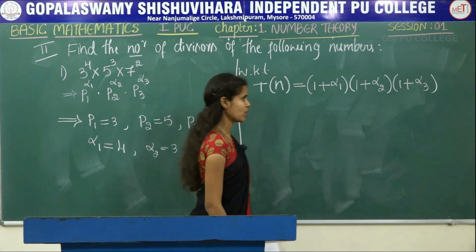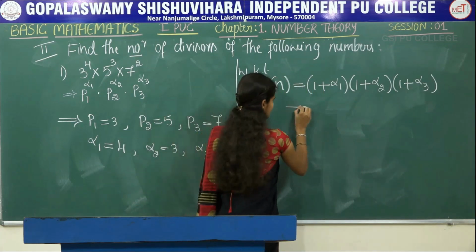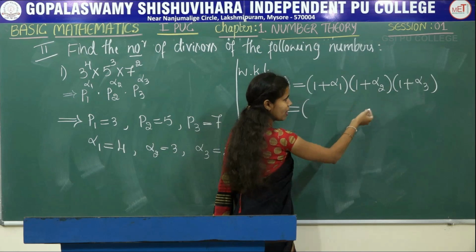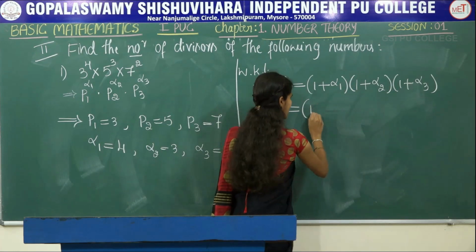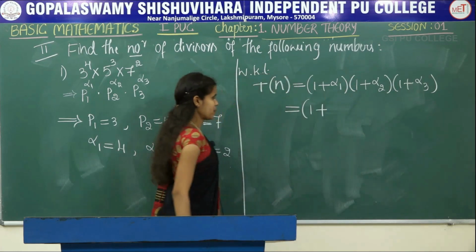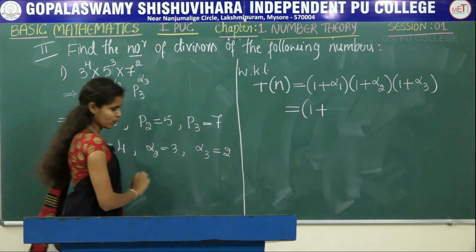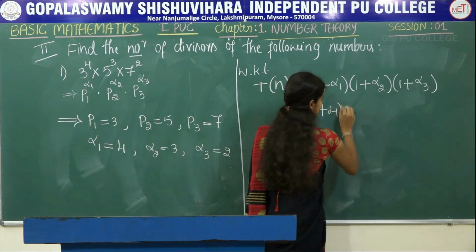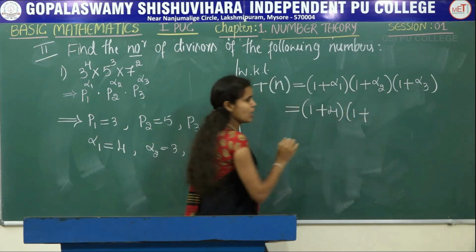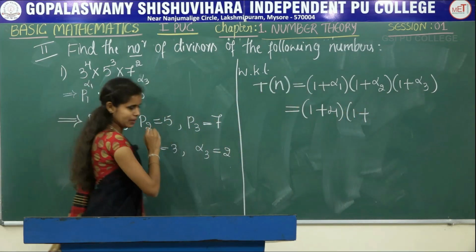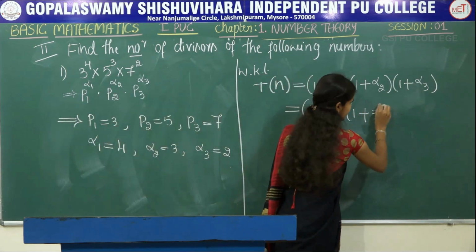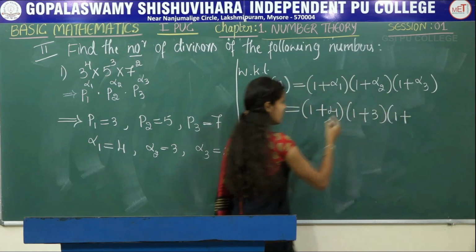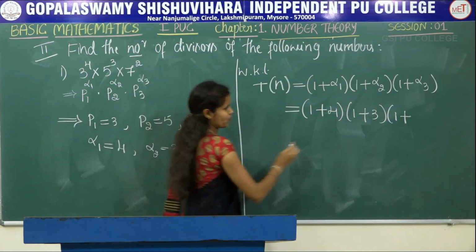Substitute the values of alpha 1, alpha 2 and alpha 3: 1 plus 4 into 1 plus 3 into 1 plus 2.